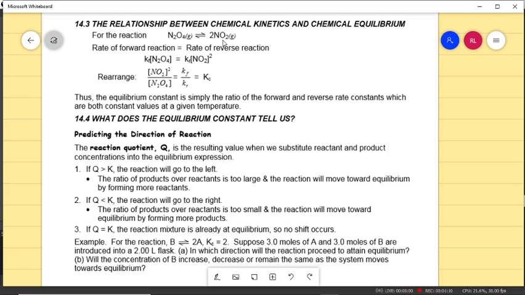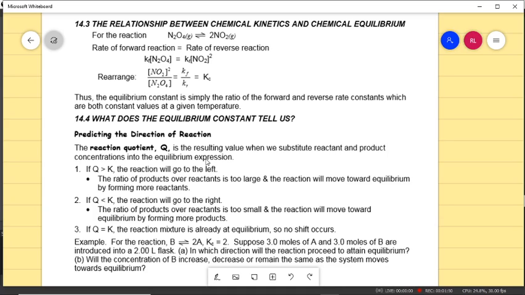At a particular moment, can you predict the rate of the forward or the backward reaction, or can you predict which direction, forward or reverse reaction, is more favored? The answer is yes. We can predict that using the parameter called reaction quotient, which is the resulting value when we substitute reactant and product concentrations into the equilibrium expression.